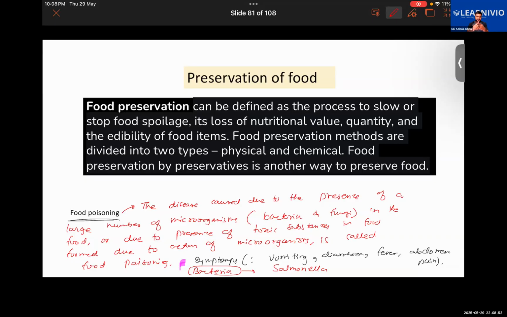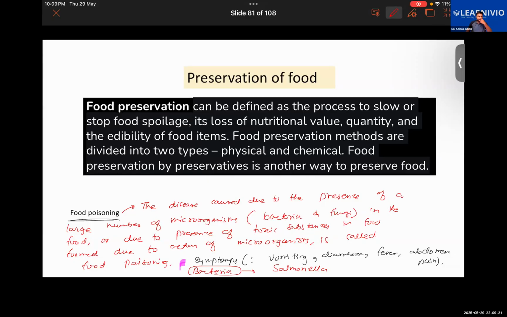We can prevent the spoilage and contamination of these foods, including meat and fish, by techniques of food preservation. The process in which food materials are given a suitable physical or chemical treatment to prevent their spoilage is called food preservation.